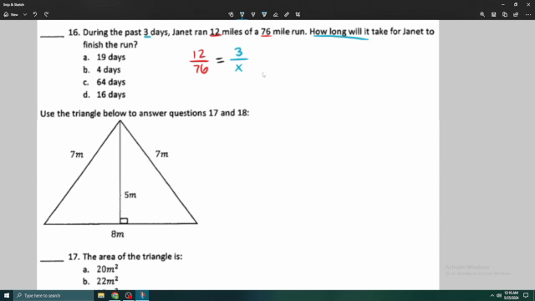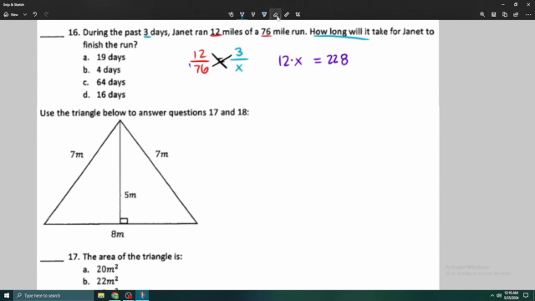So we set up this proportion. There's a lot of algebra under the hood here, but we can use this method that we call cross multiplication, and what that allows us to do is make a very simple statement. It allows us to say 12 times x is going to be equal to 3 times 76, which is going to be, 3 times 6 is 18, carry the 1, 3 times 7 is 21, 228.